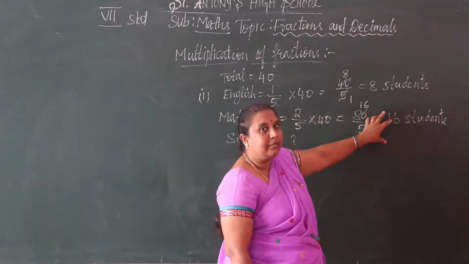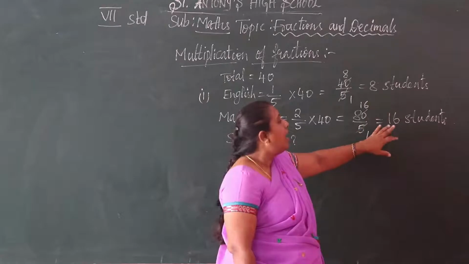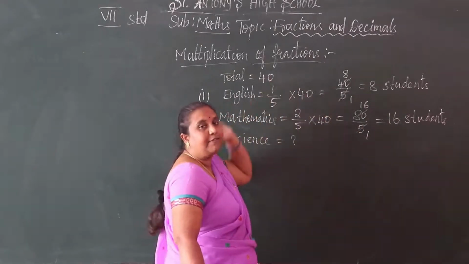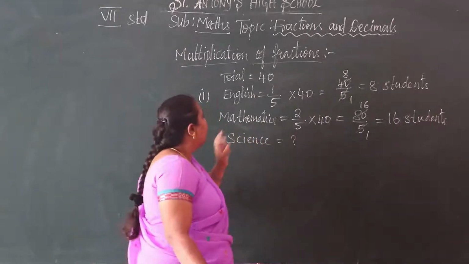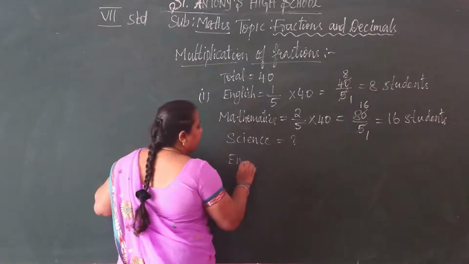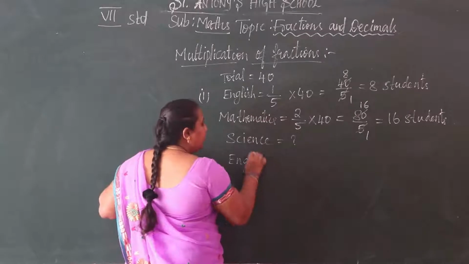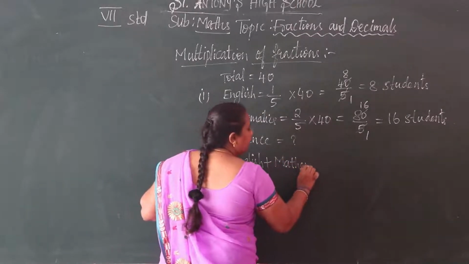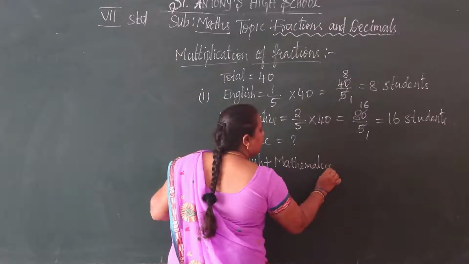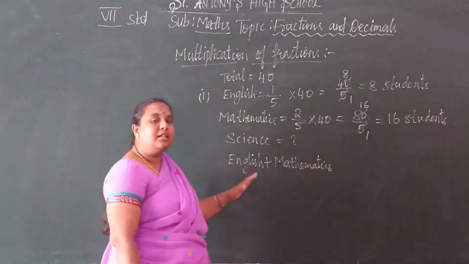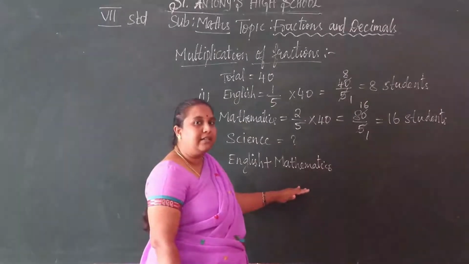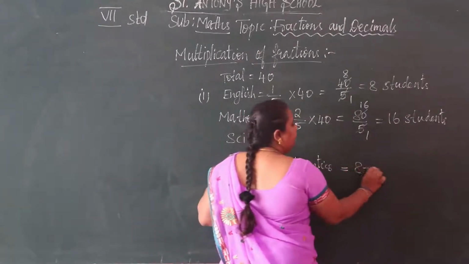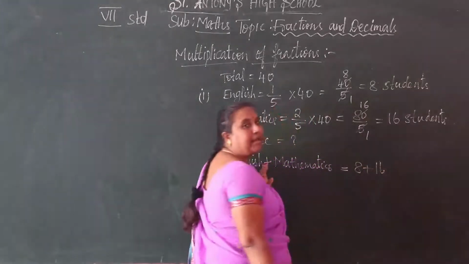We take the answer we get by adding these two and subtract it from the total number of students. So English plus mathematics: 8 students in English plus 16 students in mathematics.